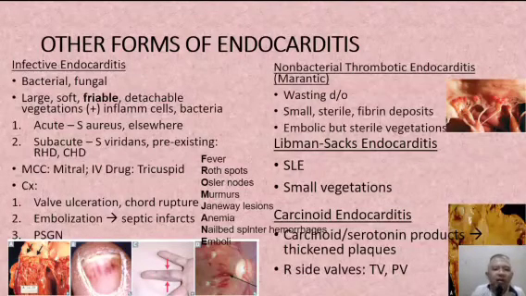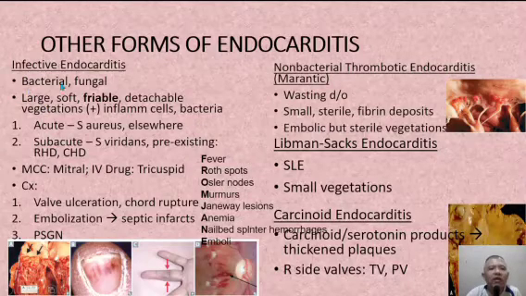Another type of endocarditis is infective endocarditis. It is caused by a bacterial or fungal infection elsewhere that lodges into the valves of the heart. It is a friable vegetation. Friable means that these are embolic. They move into the different smaller blood vessels, causing thrombosis, causing clots.